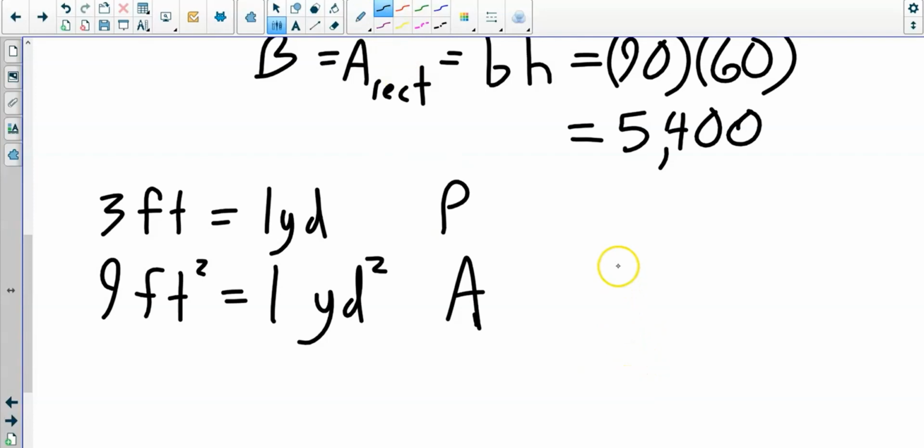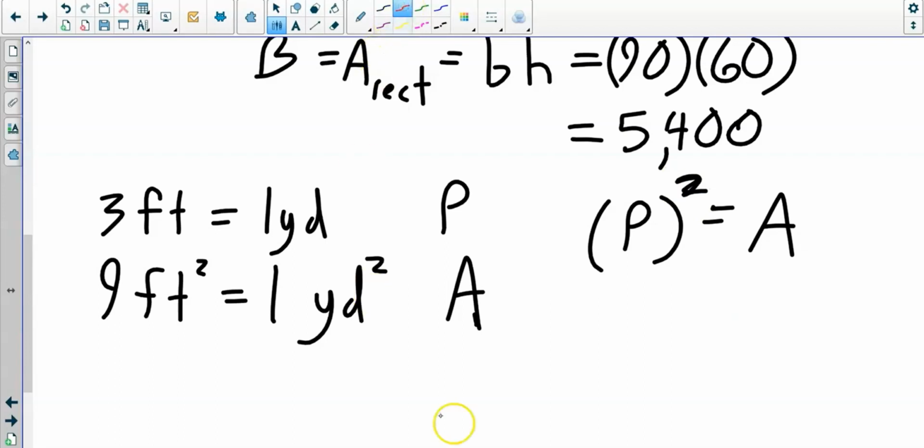If you have a perimeter relationship, if you square it, you get the area relationship. Pretty cool.